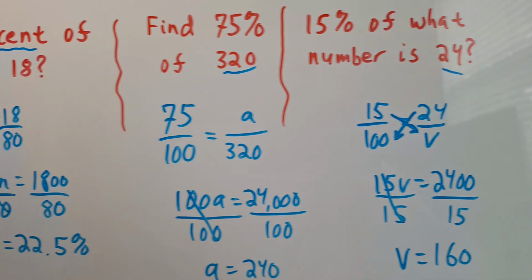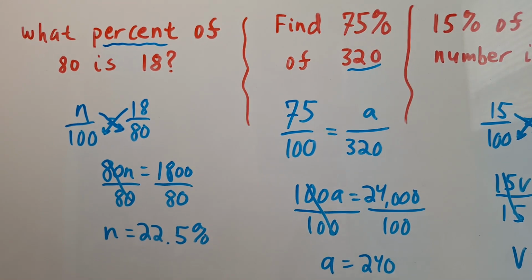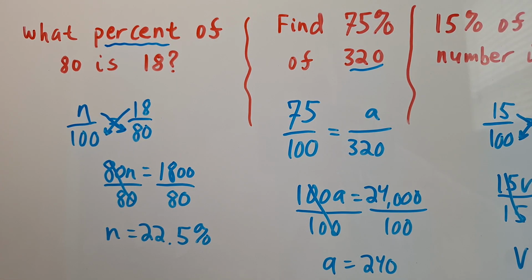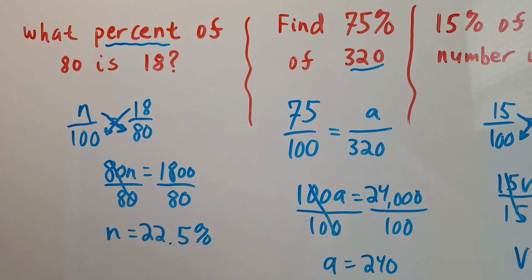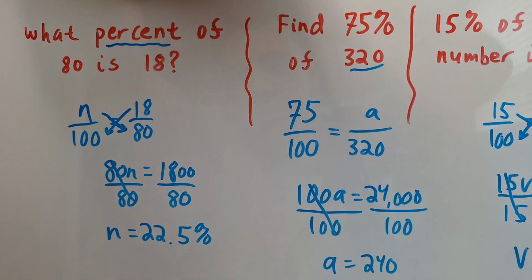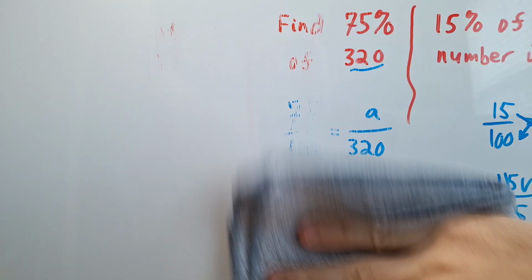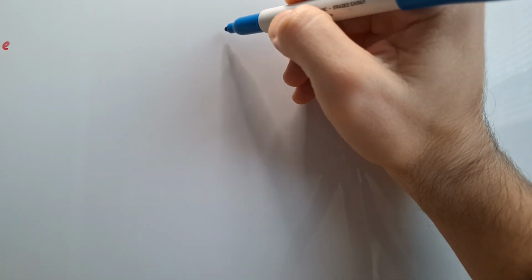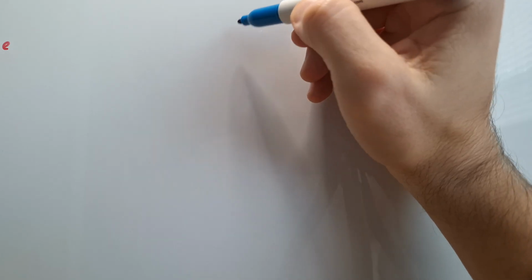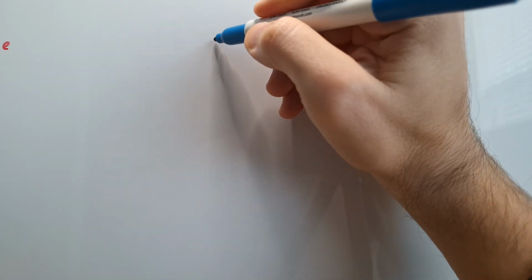Here we are. So let's work out briefly one example of when we're dealing with percents that are either greater than 100 or less than 1, because these are interesting cases. One example could be, what percent of 90 is 135?